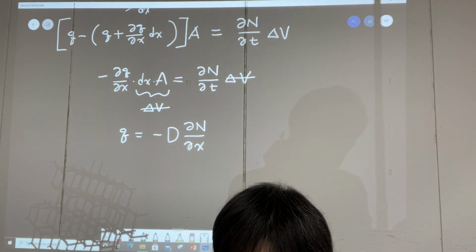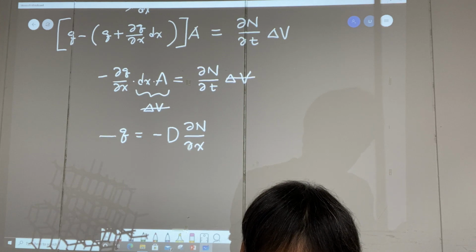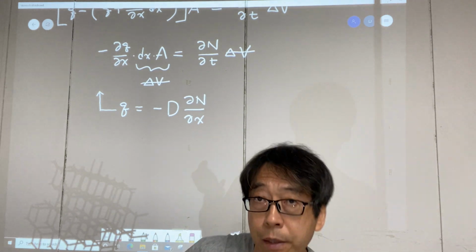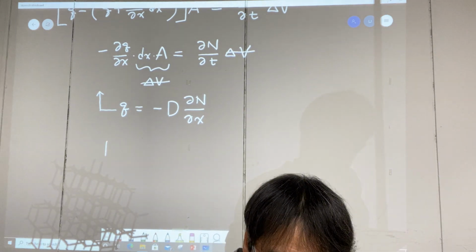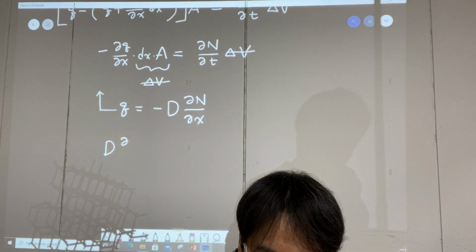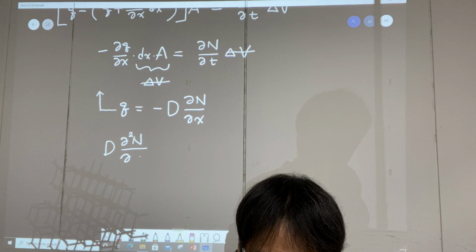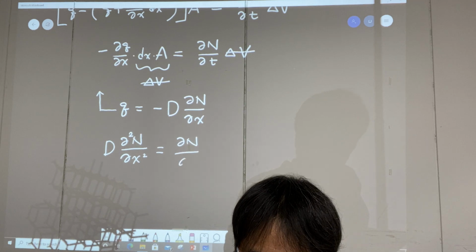So if you just plug Q into the equation above, what do you have? Minus minus becomes positive. So D times the double partial, partial squared n over partial x squared, equals partial n, partial t.